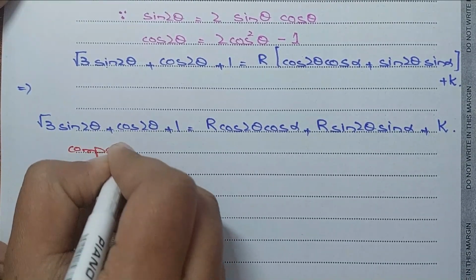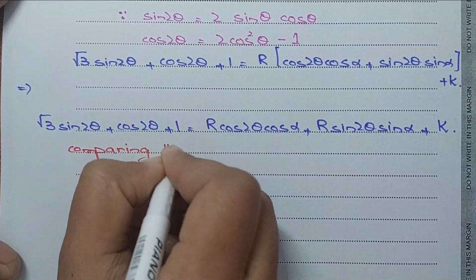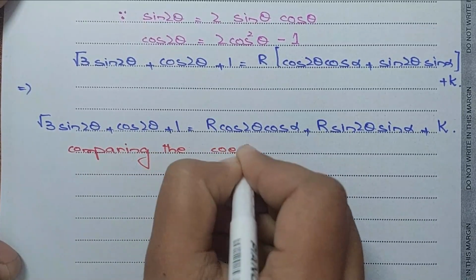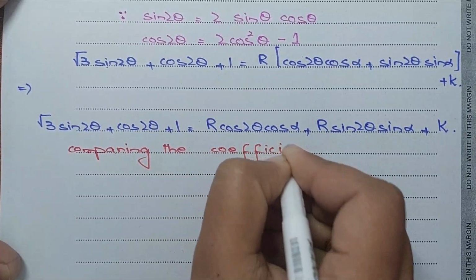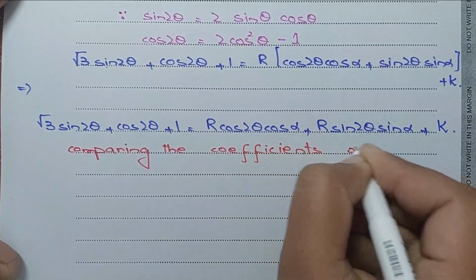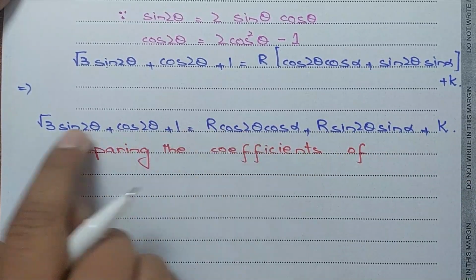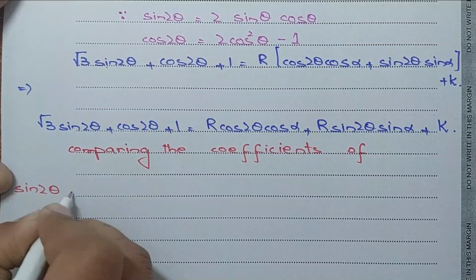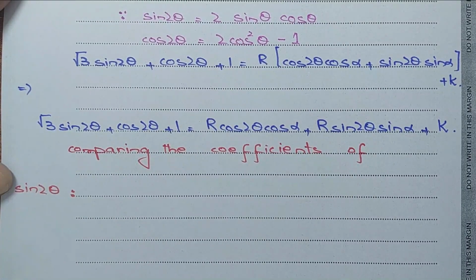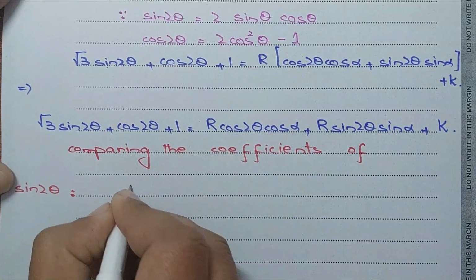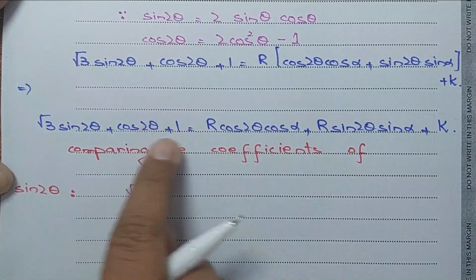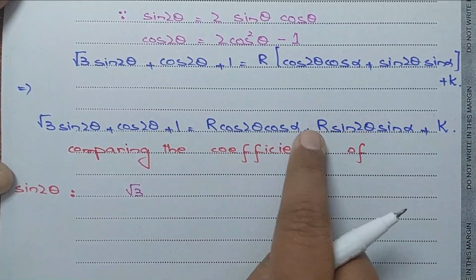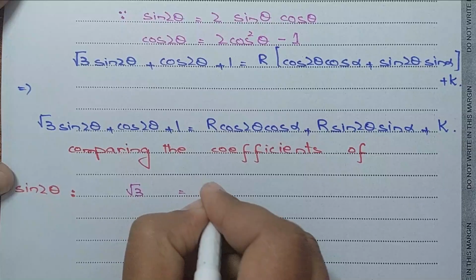Comparing the coefficients of sine 2 theta. Start with sine 2 theta. Sine 2 theta here is square root of 3. And over here sine 2 theta is r sine alpha.